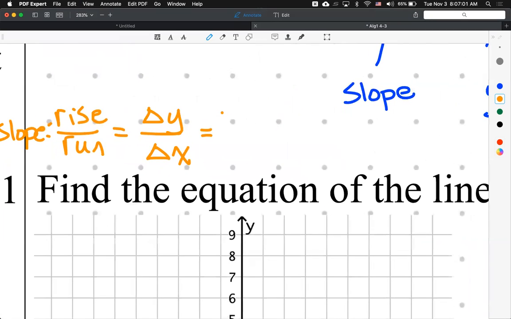The other equation that you can use here is y2 minus y1 all over x2 minus x1, which is essentially saying the same thing as change in y over change in x. This is a more formulaic way of doing that.